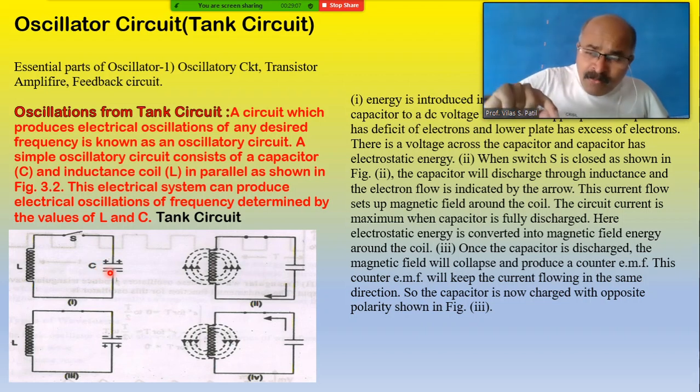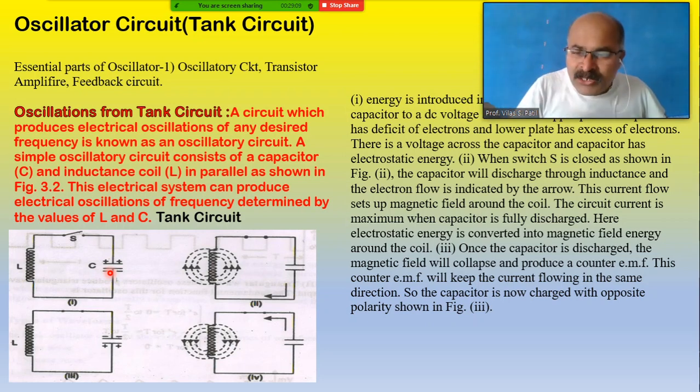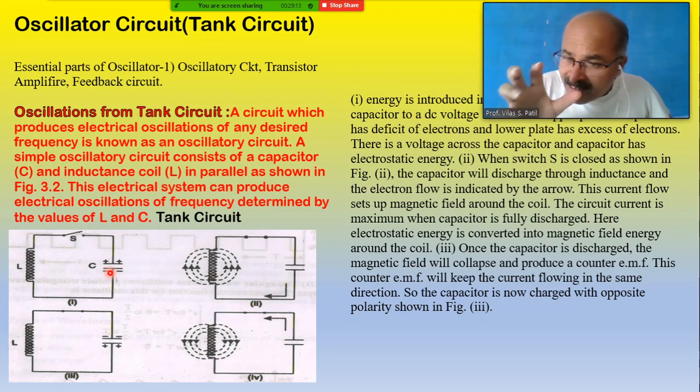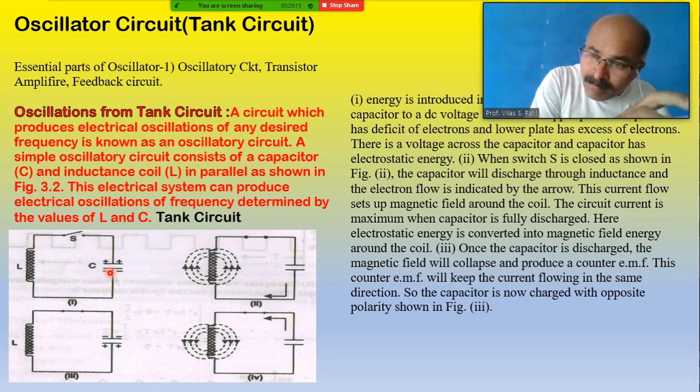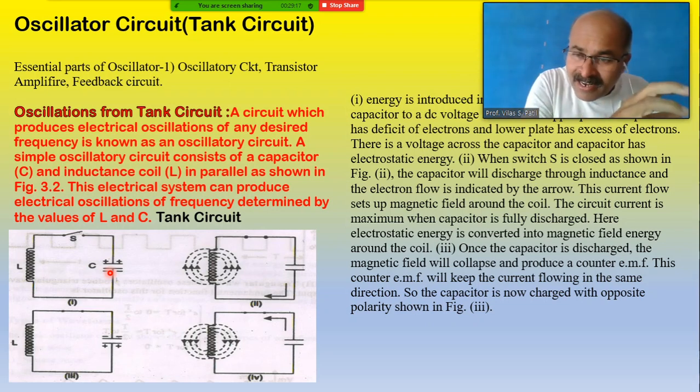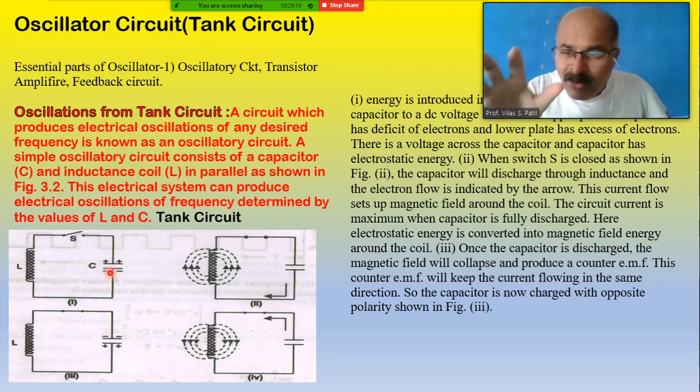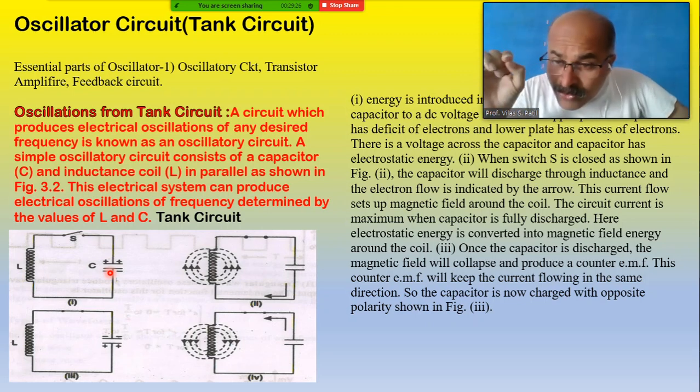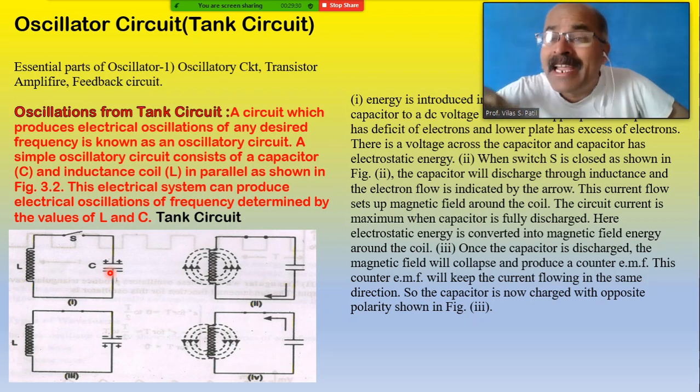But once a round of conversion of the energy takes place, that is, the electrostatic energy is converted into magnetostatic energy, and again magnetostatic energy is converted into electrostatic energy, one cycle is completed. Once the cycle is completed, the charge across the capacitor will be inverted.